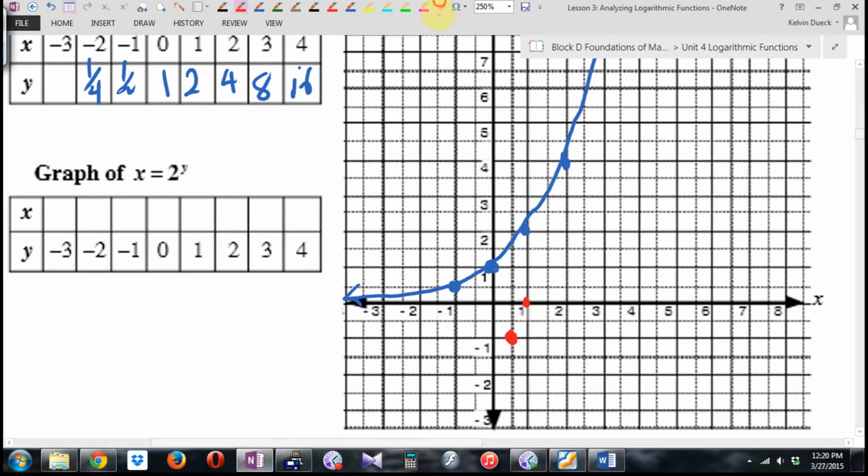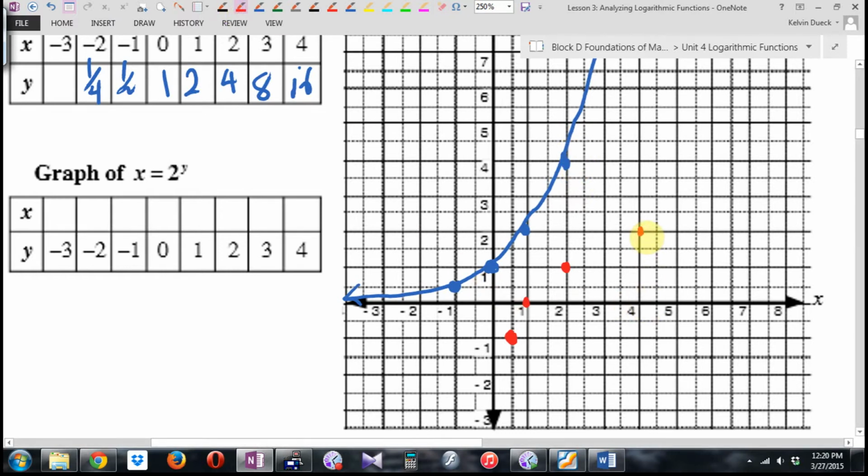Oh, and my blue graph goes through 1, comma 2. What will my inverse go through? It's almost connecting the dots. It's trickier than that, but yeah. And then 2, comma 4 is going to become, yep.